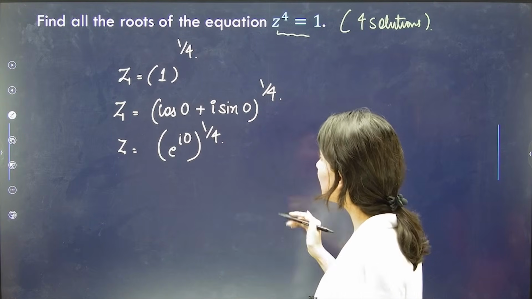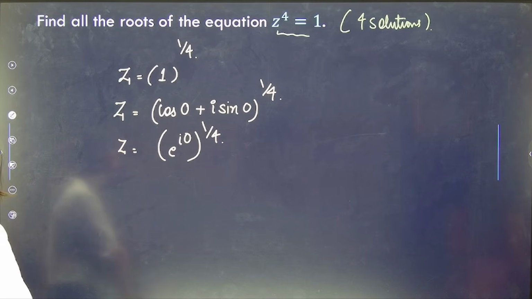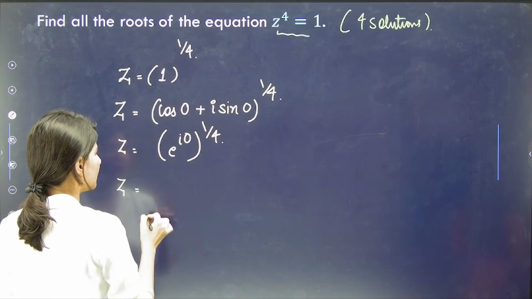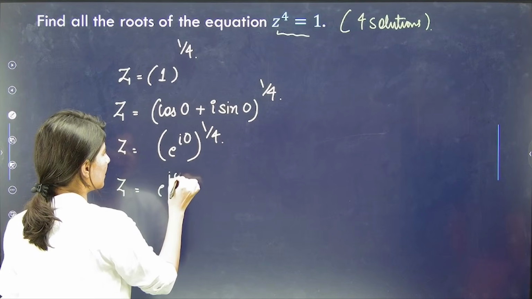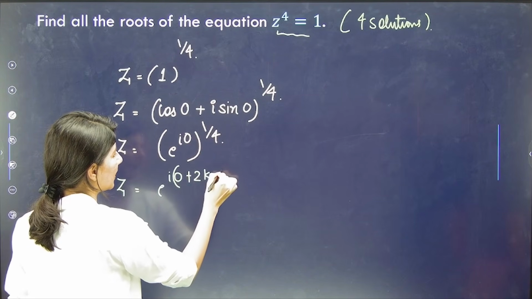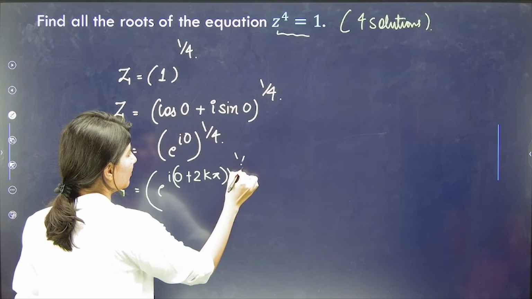So 4 solutions we have to calculate. Now what I'm going to do is, 0 is the argument, but the argument can be written like this. Do you agree? E raised to power iota of 0 plus 2k pi. Can I write it in this manner? And this is having power 1 by 4.